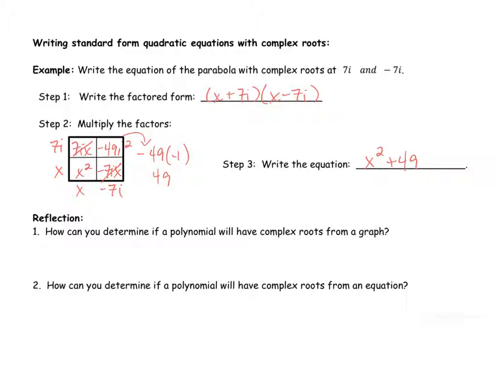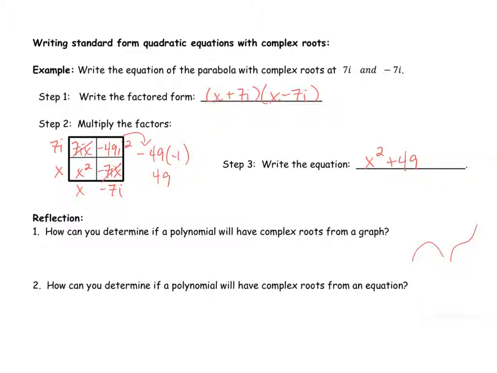All right. So in this reflection part, you can have a lot of different things here. How can you determine if a polynomial will have complex roots from a graph? That one is pretty basic. If you have that parabola shape, or that little wiggle somewhere, you know it's going to be more than a first degree, but it's not crossing the x-axis more than once.